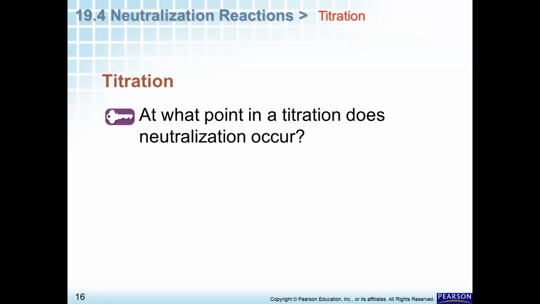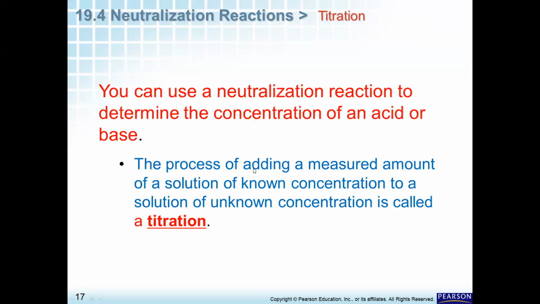Right. Now, how are we going to use this concept to perform a titration, which is basically a procedure used to determine unknown concentrations using the concept of neutralization. You can use the neutralization reaction to determine unknown concentrations of either acid or base, as long as you know the concentration of the other one.